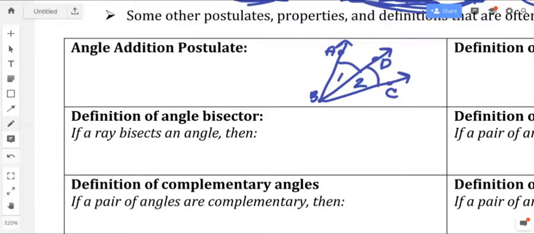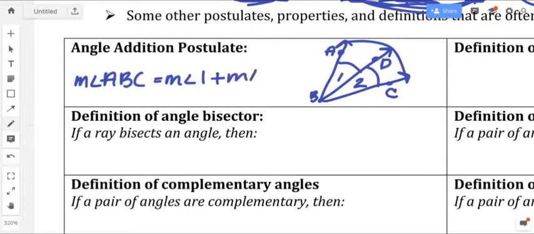If we add those two together, it gives us the whole angle, angle ABC. So what this would look like in a proof is you would have a picture like this where you have two angles next to each other inside of a bigger one. And what it would say in the statement would be something like this. The measure of angle ABC is equal to the measure of angle 1 plus the measure of angle 2. Okay, that would be angle addition.